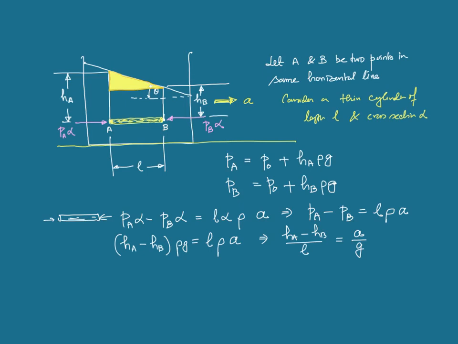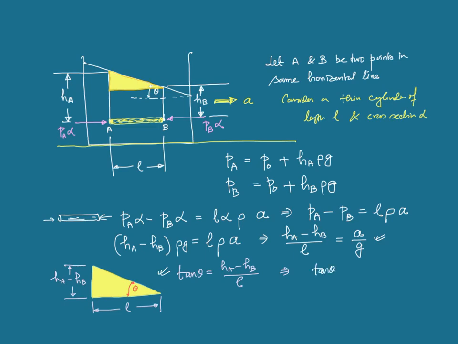Inside this triangle, this angle of the triangle is theta, the base angle, and if you draw the sides of the triangle, the height of the triangle is Ha minus Hb, and the base of the triangle is L. So from here you can calculate tan theta is Ha minus Hb divided by L. Now we can equate this expression and this expression, implies tan theta is equal to A by g.